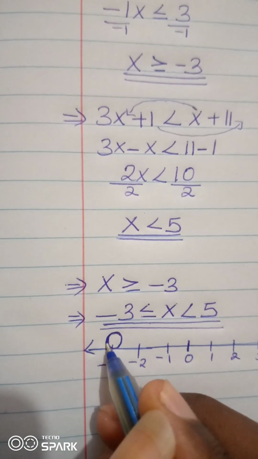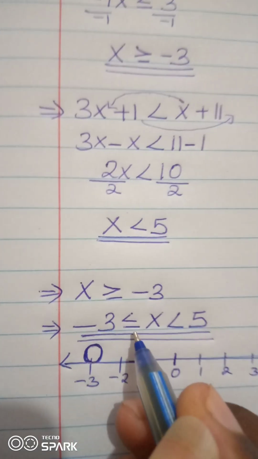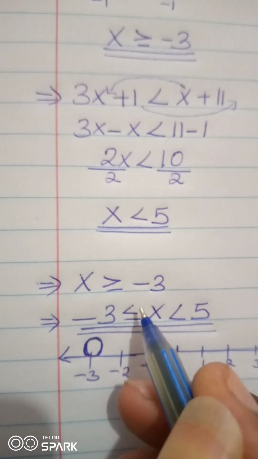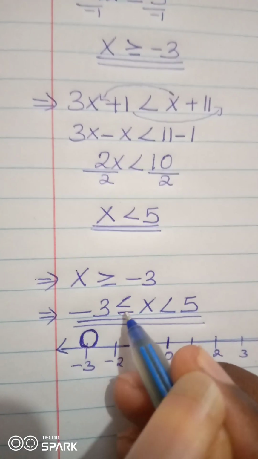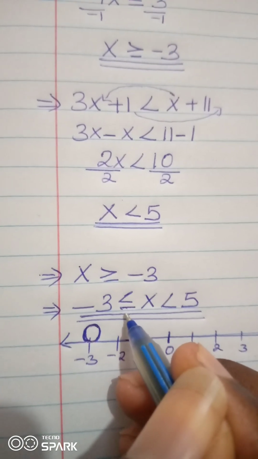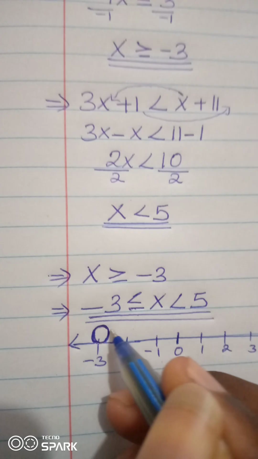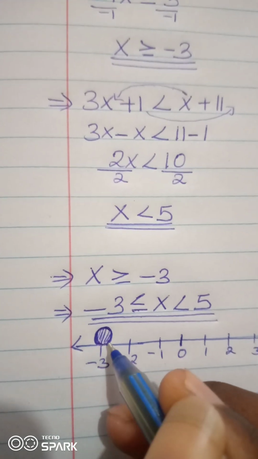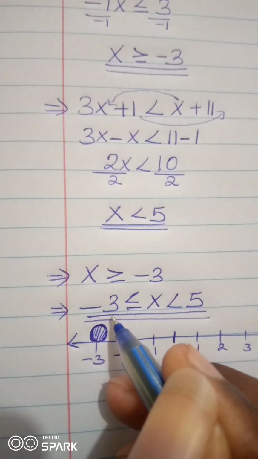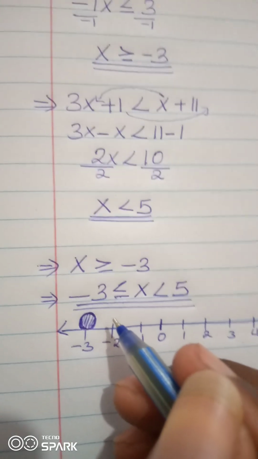After drawing the circle where negative 3 is, consider the sign. If the sign has less than or equal to, this line means or equal to. If it has or equal to, you'll shade your circle. This means that negative 3 is part of the solution.